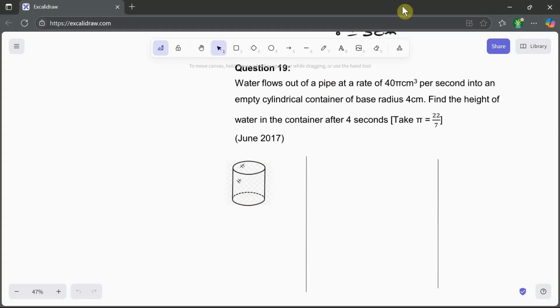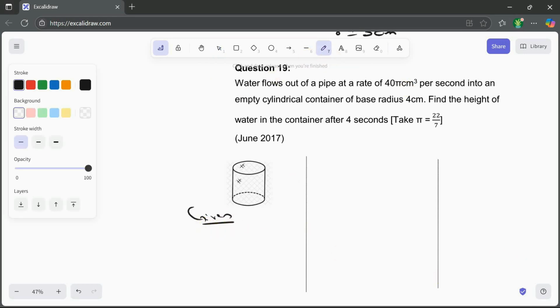So the water flows at a rate of 40 pi centimeters cubed per second. That means if we are writing our givens, let's call the flow rate, V, no, V is like volume, so let's call it F. So flow rate is 40 pi centimeters cubed per second. This is how much volume of water comes out of the pipe in 1 second.